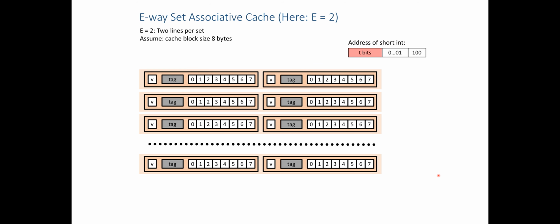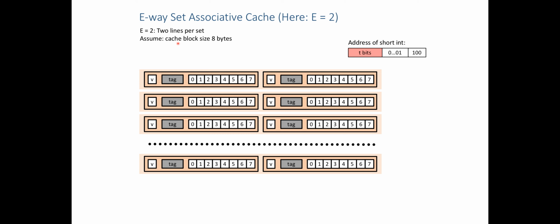Okay, so now let me go back to something that I talked about before, just so you recall how it works. Here I've shown an associative cache where E equals 2, and here are all the gory details.